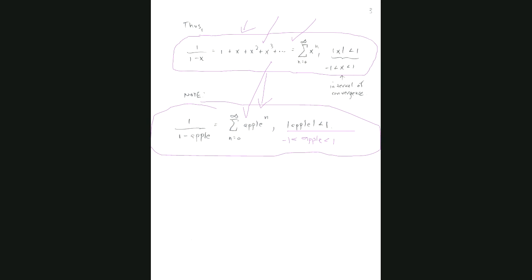So what we're going to do is take this function, 1 over 1 plus x squared, and express it so that we can use the Apple formula.